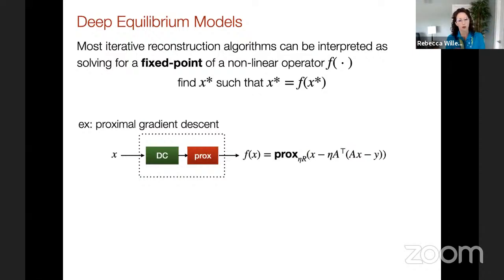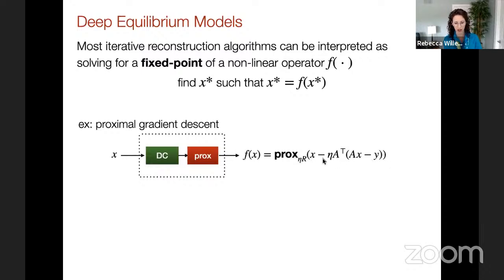So here's the basic idea. If we were to take some sort of method and run it to convergence, then we can think about the final estimate at convergence as being the fixed point of some nonlinear function f. So for instance, with proximal gradient descent, we had a bunch of different blocks where with each block, we did a data consistency step and a proximal operator. So in this context, we can think about f as being the composition of those two things, right?